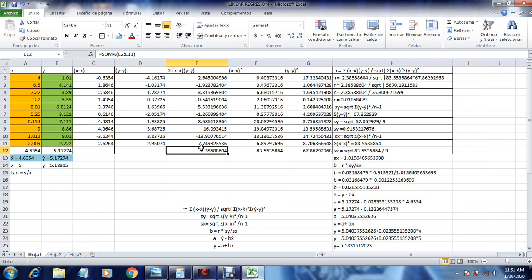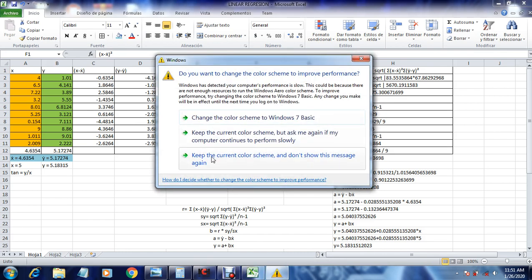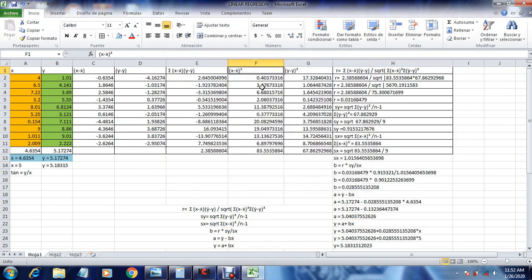cell in this column, that is from this to this. And then this is the x minus the mean of x, squaring it.